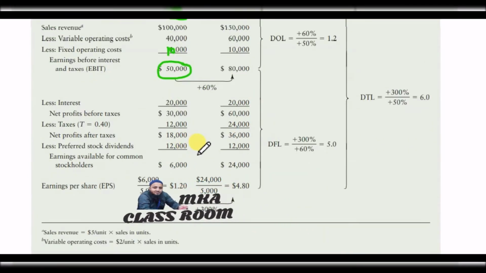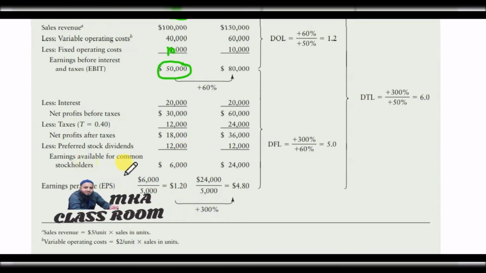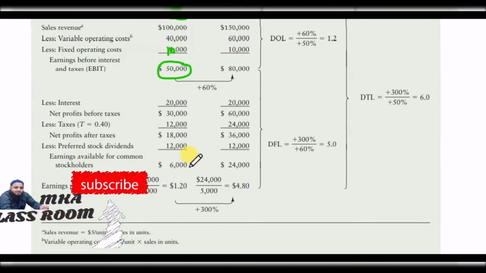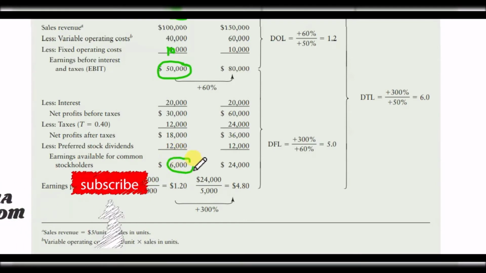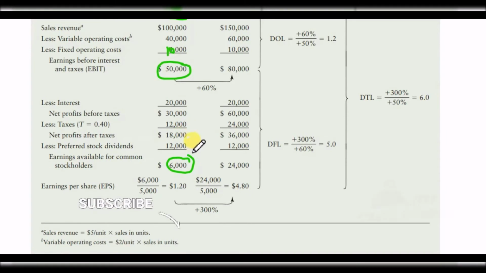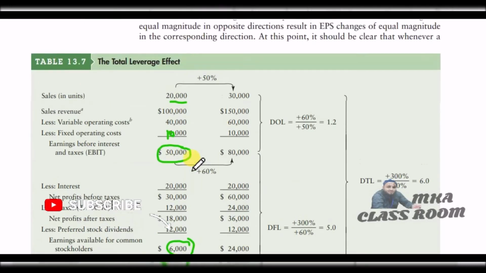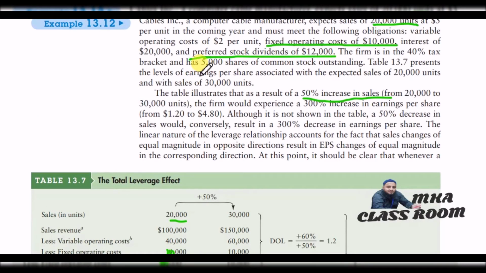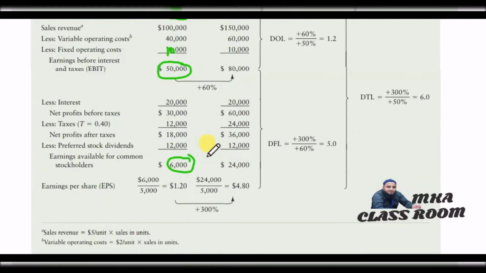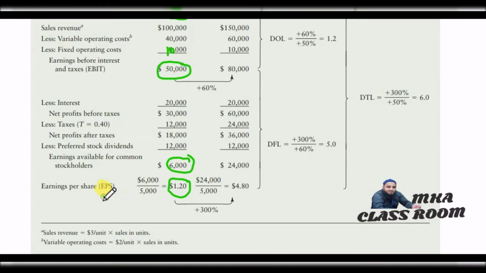Then we have found that earnings available for common stockholders are 6,000, 18,000 minus 12,000. The number of our shares is 5,000. Then 6,000 divided by 5,000 is 1.2, our EPS, earning per share.